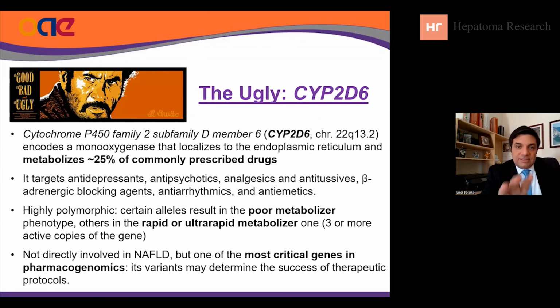So again, this is not a specific NAFLD gene, but when we consider the genetic impact on the onset, progression, and management of complex disease like NAFLD, we cannot forget to mention this gene and its pharmacogenomic role.